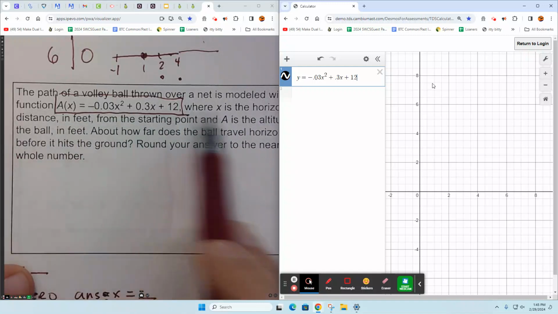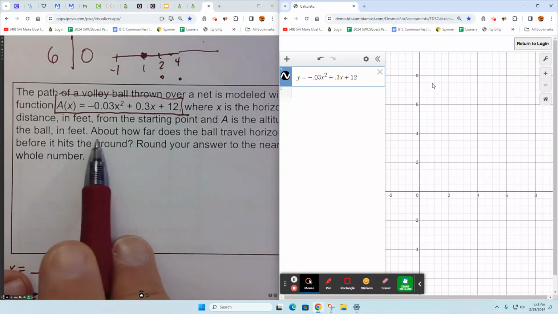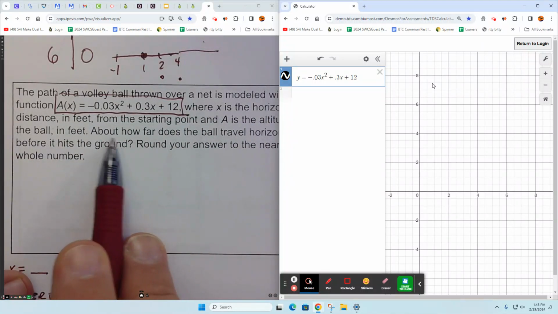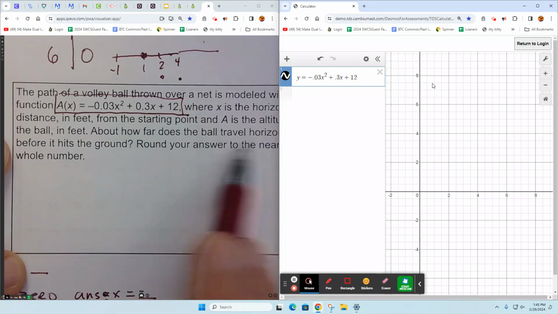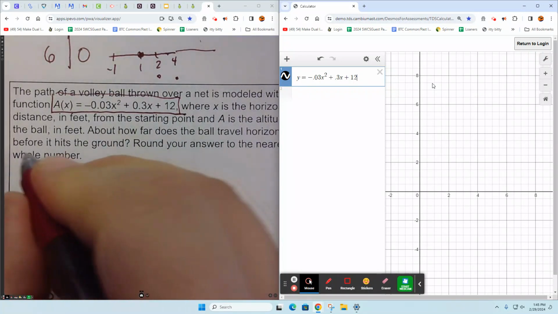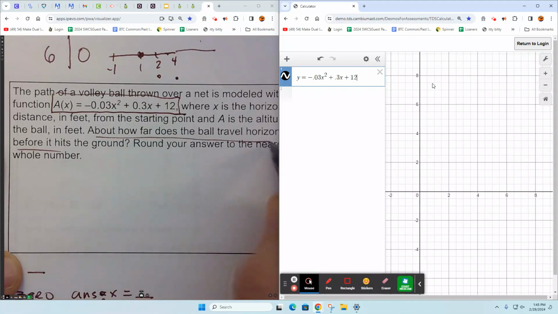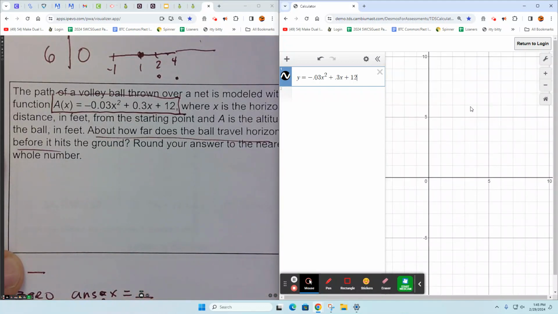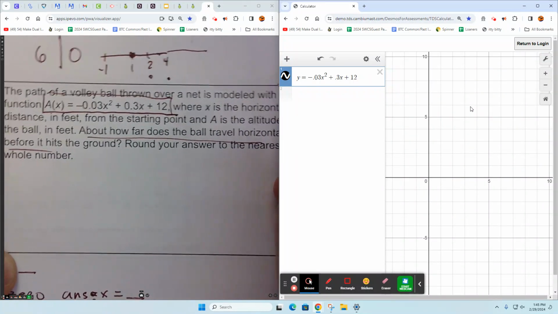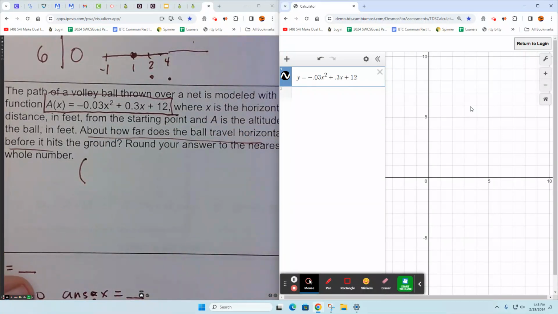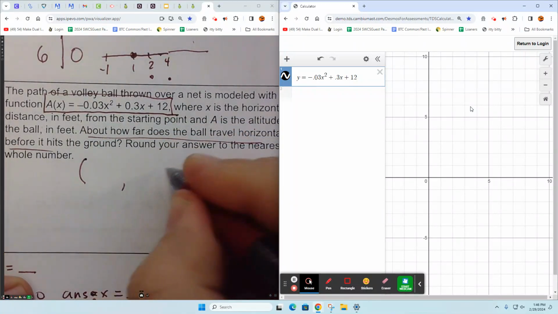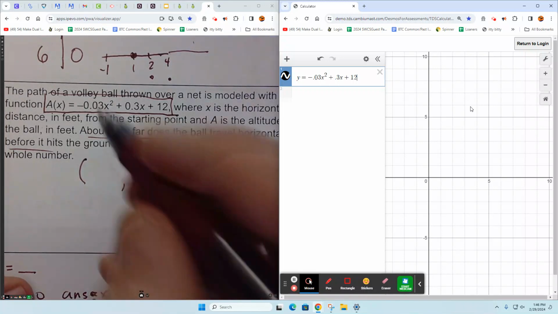Hitting a volleyball, here's the path. How far, or about how far, does the ball travel horizontally before it hits the ground? What does hits the ground usually mean? 0. Now, what I want to point out, and this is probably the hardest thing with these, is knowing what our ordered pair means. This is my x.